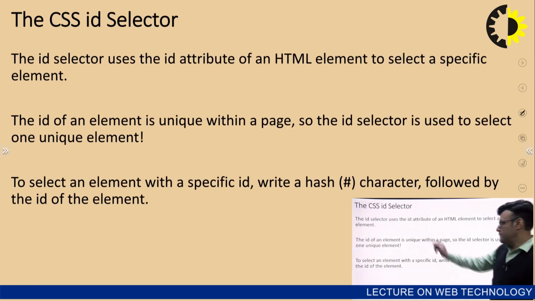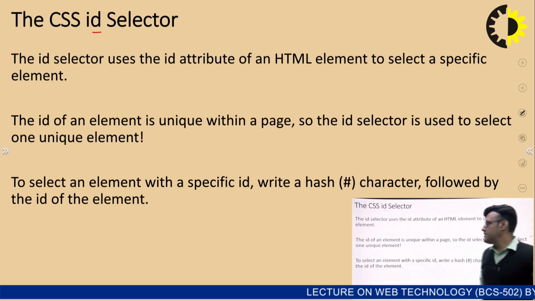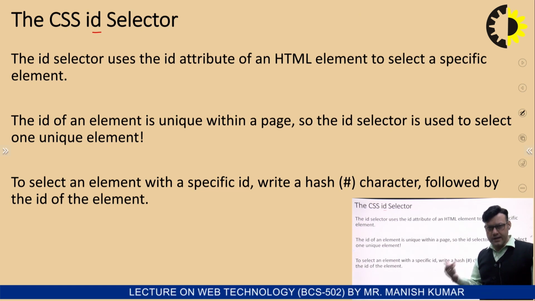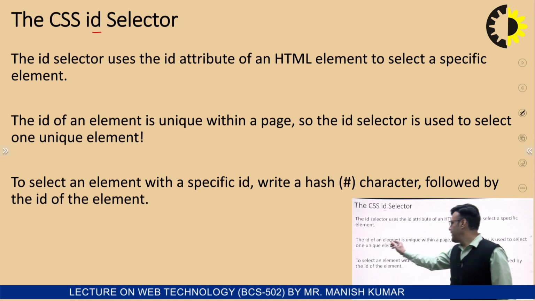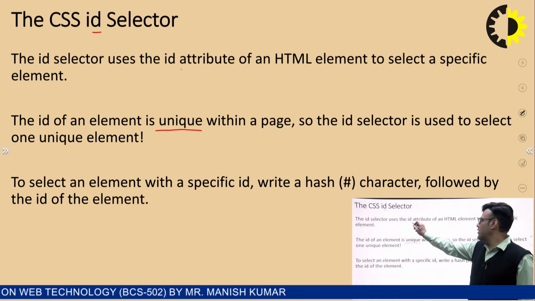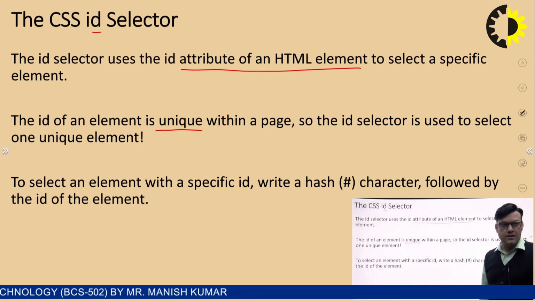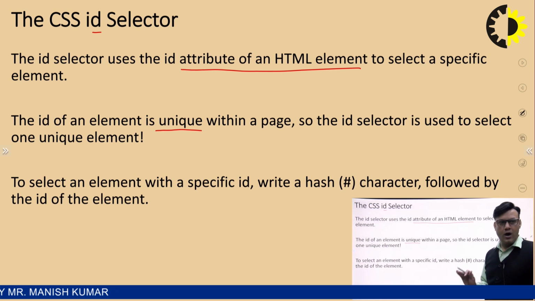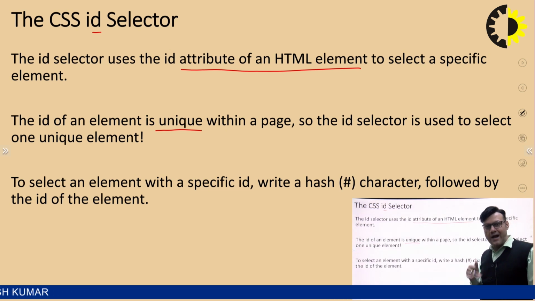Now, what is ID? ID is used for identification, right? For identifying something uniquely. Similarly, the ID of an element is unique. So we will use the ID attribute of an HTML element for any particular specific element. How do we come to know that we have made an ID?